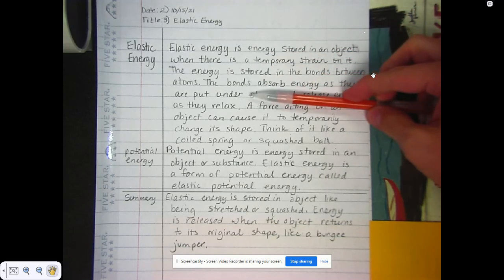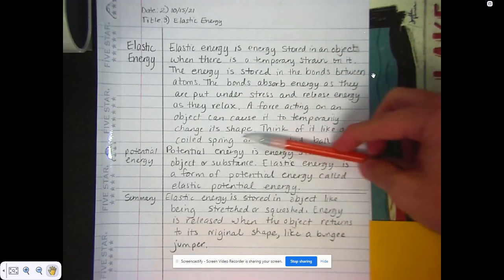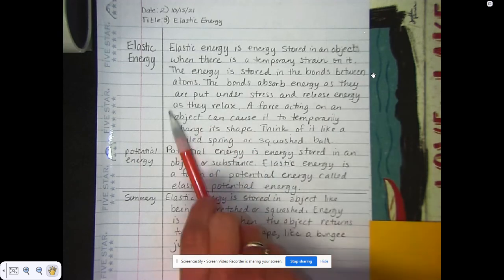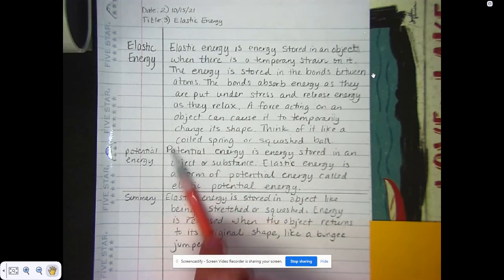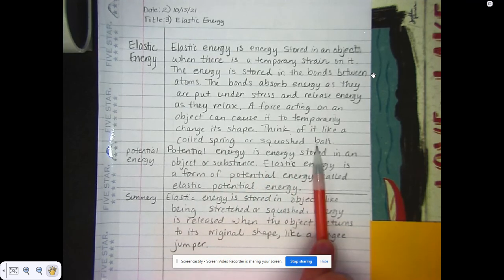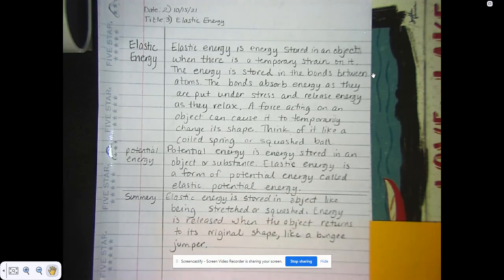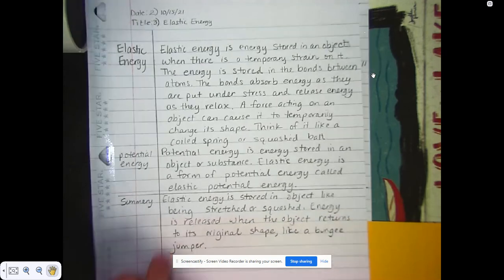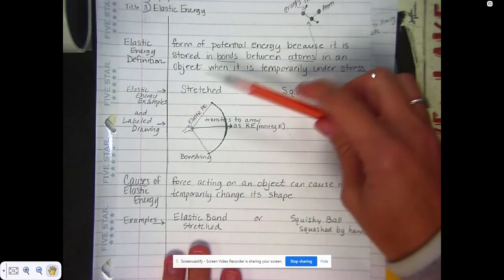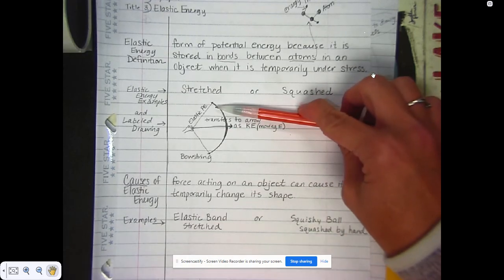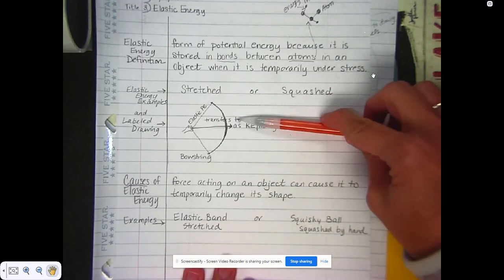This is very challenging to read through and search for, like, oh, where was that example again about elastic energy? Oh, there it was, coiled spring or squash ball. As opposed to when I look at mine, I have an example. The drawing just pops out. It's labeled.